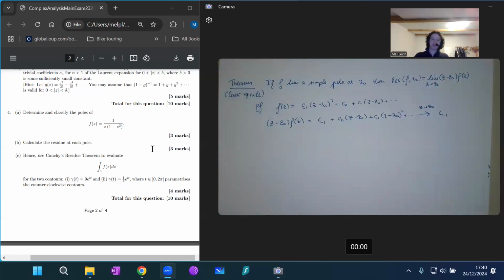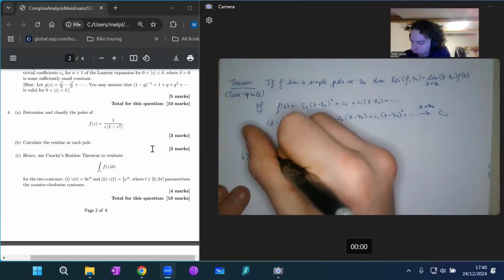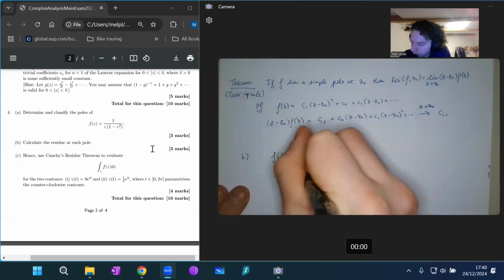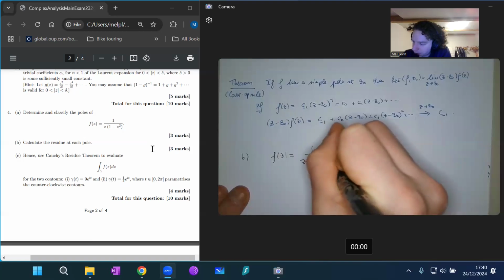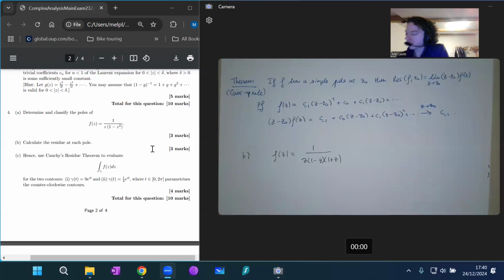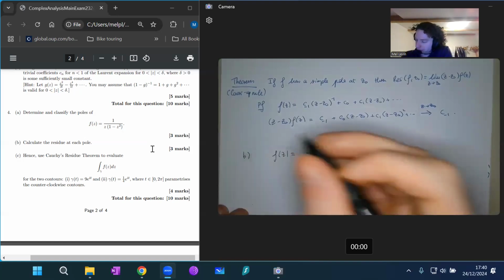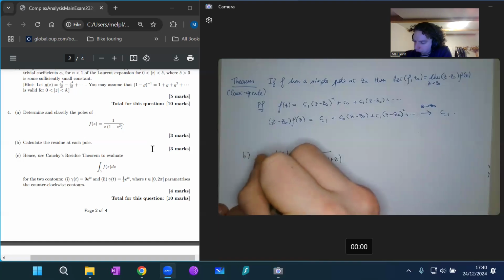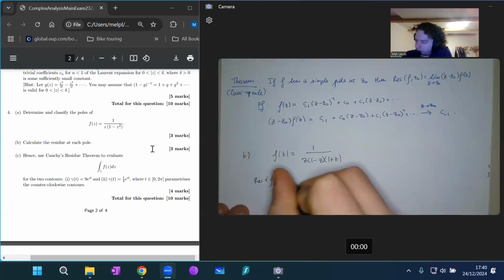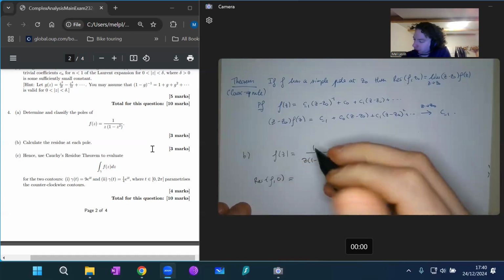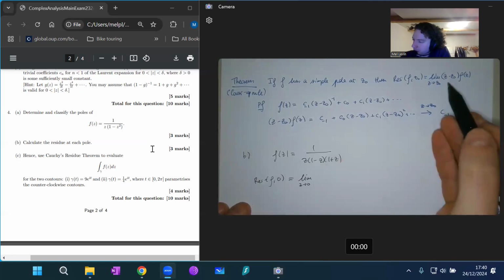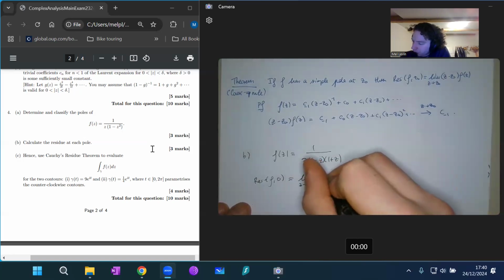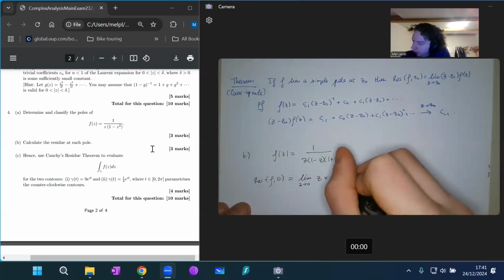Why is that? Well, because in this case, recall, f of z is equal to 1 over z times (1 minus z) times (1 plus z). So the residue of f at 0, 0 was a root, so that's the limit as z tends to 0 of (z minus z naught) f of z. z naught is 0, so that's just z times f of z.